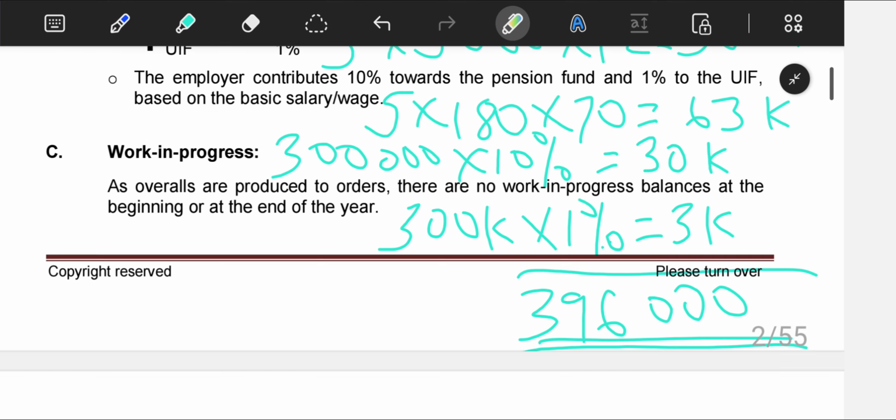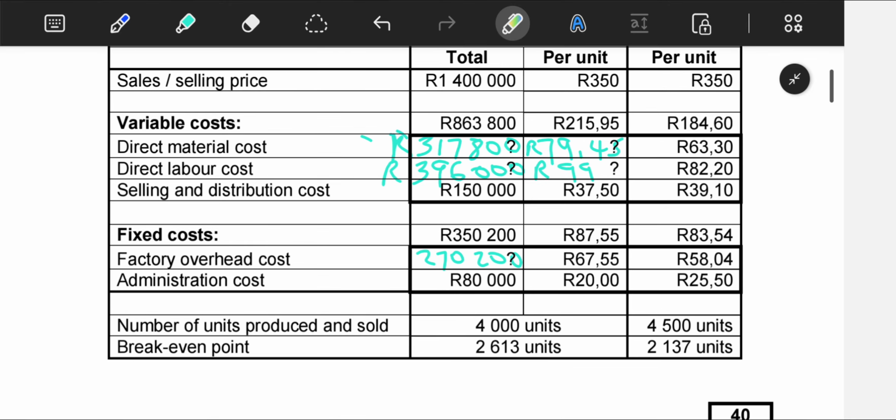Right. Now let's check the direct labor cost per unit. It has also increased from 82 to 99. By how much? You're going to calculate the difference. It's 16 rand 80 cent, and in percentage it is 20.4%. Then, what can you say about this one? We are talking about direct labor. So maybe supervision has to be intensified, so that workers are productive.